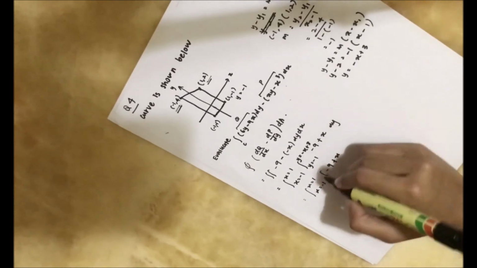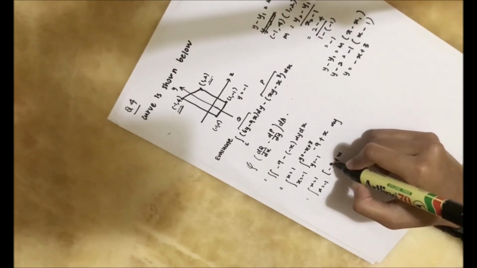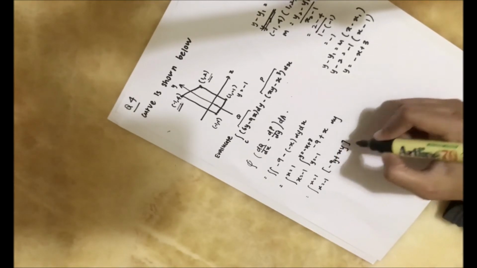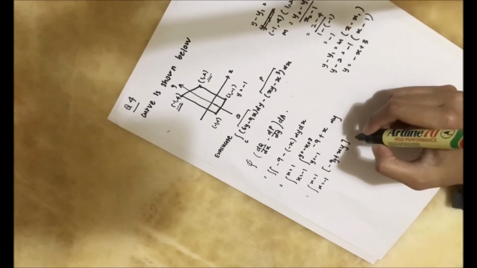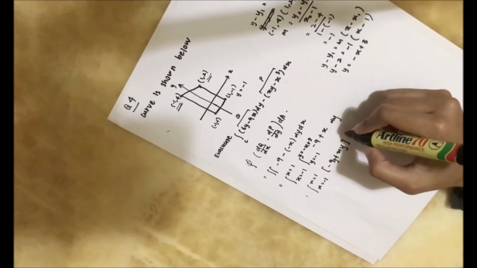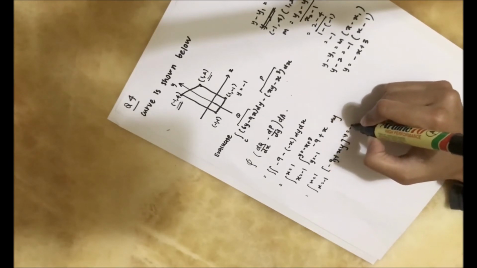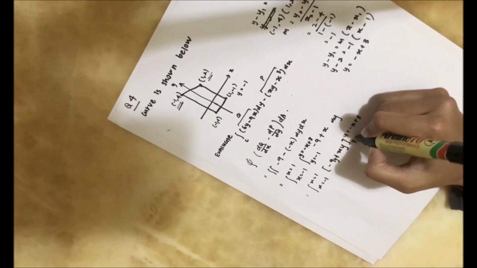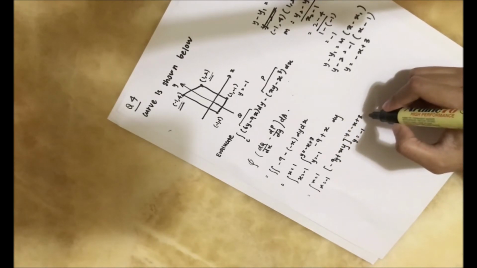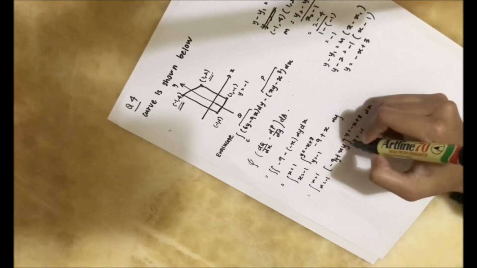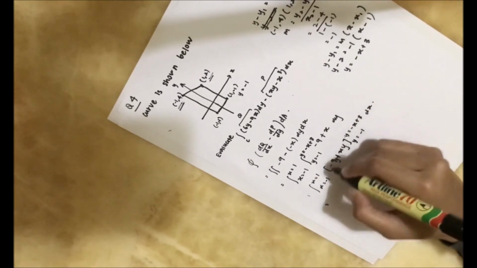I integrate, so -9y plus xy, plug in the upper limit and the lower limit, y equal to negative x plus 3 and y equal to -1, with respect to x, and then we just solve this.